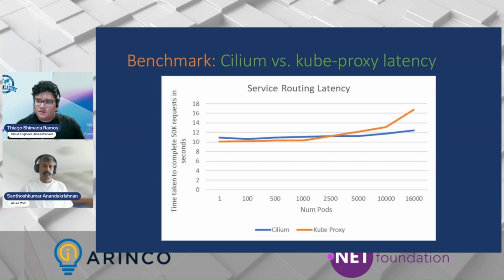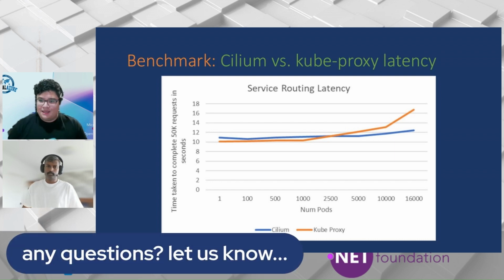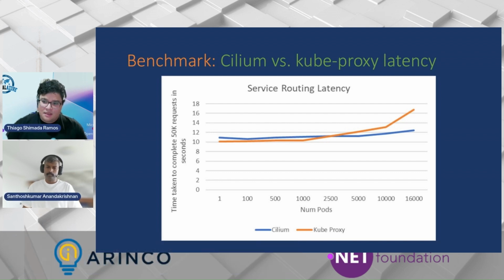A little comparison and a benchmark. This graphic shows 50K requests per second, up to 5,000 pods. Both Cilium and kube-proxy are quite similar, but when you pass this threshold, you can see that Cilium has better latency performance than kube-proxy.